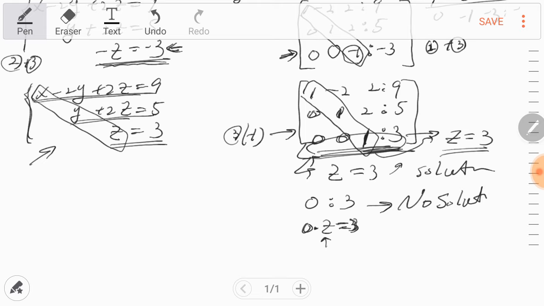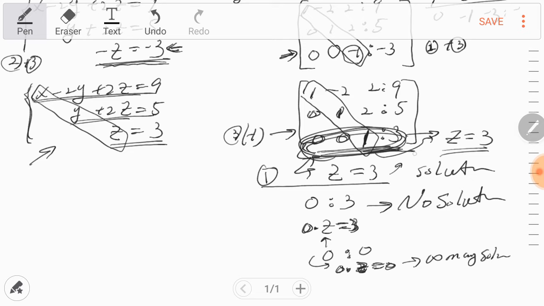And the third case is 0, colon 0. Then this means the equation is 0 times z is equal to 0. So in this case, z can be any real number because 0 times any real number is 0. So in that case, there are infinitely many solutions. So there are also 3 types of solutions in this case. How do we determine whether there's a solution, no solution, or infinitely many solutions?